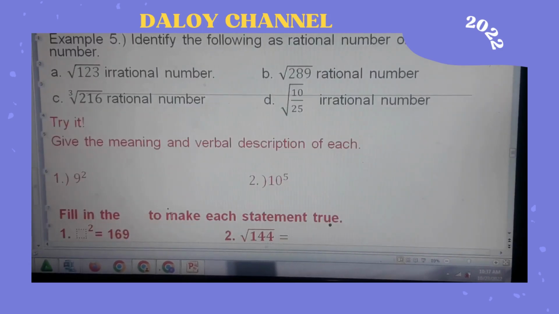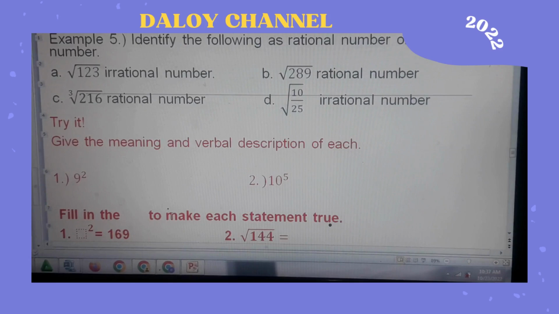In example number 5, you are required to identify the following as rational or irrational. Again, what makes rational different: rational numbers are whole numbers, counting numbers, integers, and of course including 0.